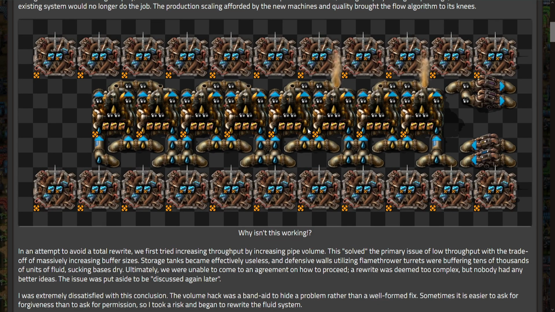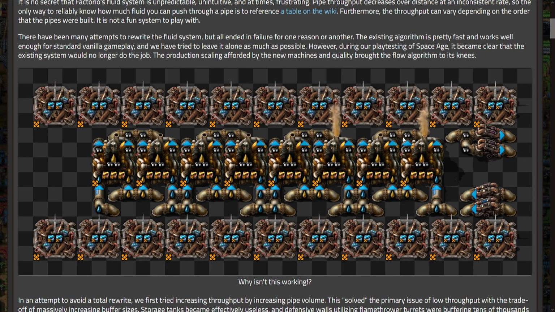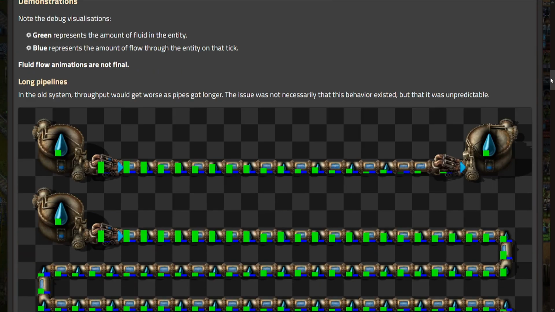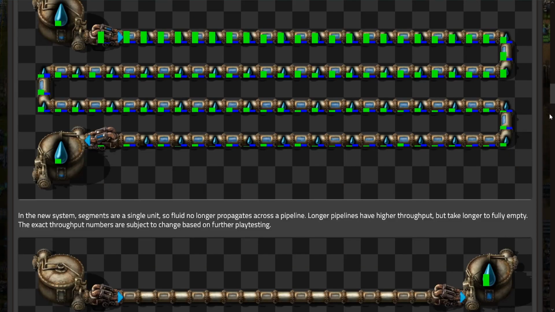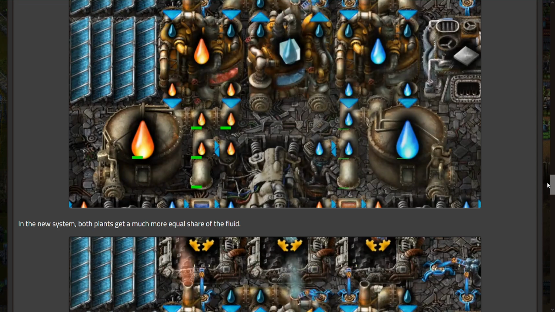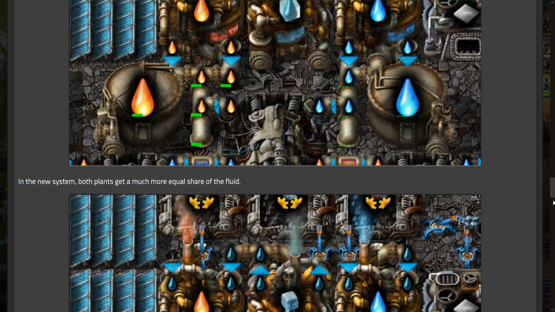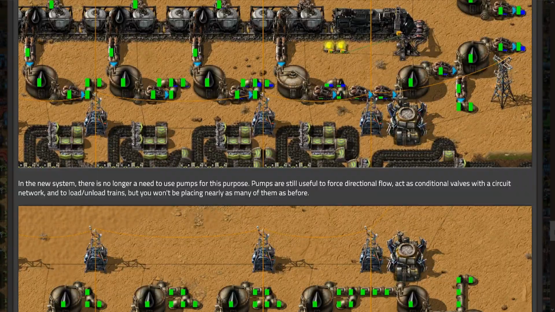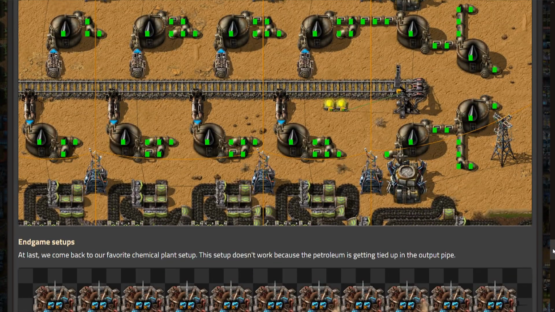It's about how they made the fluid throughput basically infinite, or very quick. And they also show things with the debug visualization. So that's all old news.